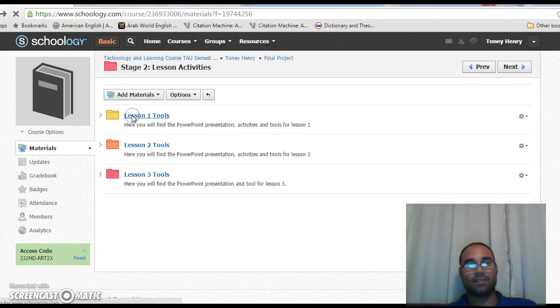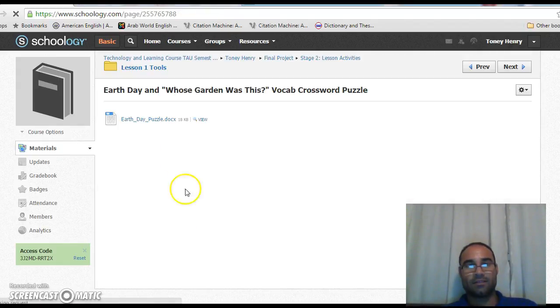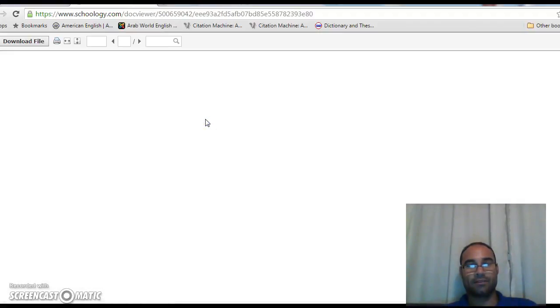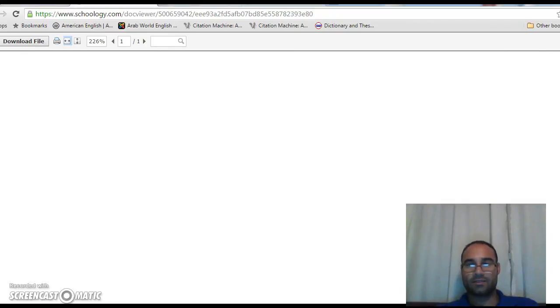So if you go back into the Lesson 1 tools, we'll see that we have the Whose Garden Was This? And Earth Day vocab crossword puzzle, which we can view here. So students will have the opportunity to complete this.